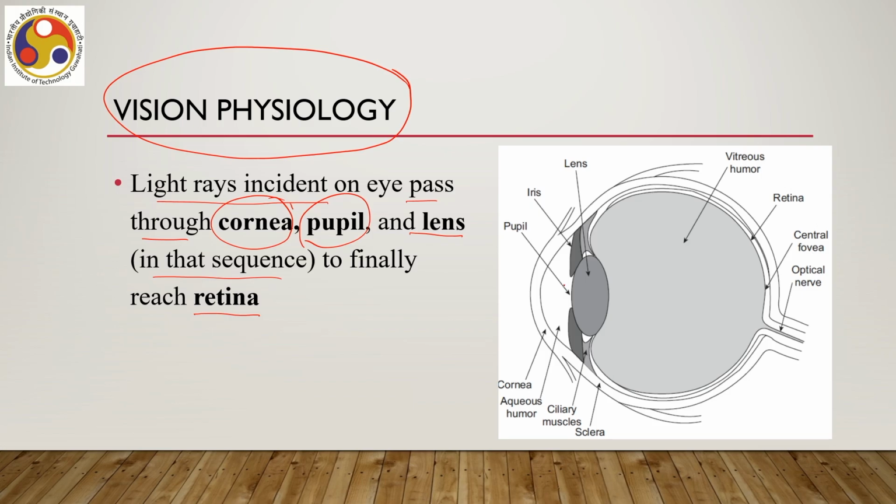So, we have the pupil here, the cornea here, this outer surface, and this is the lens as marked in this figure. Then it passes through this medium and finally reaches the retina, which is at the back side of our eye.